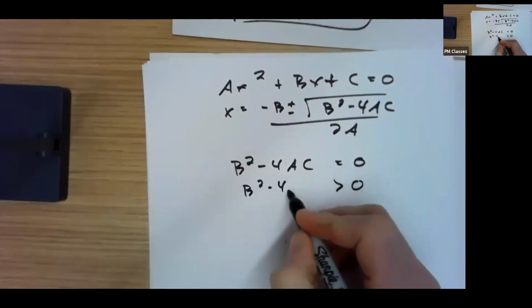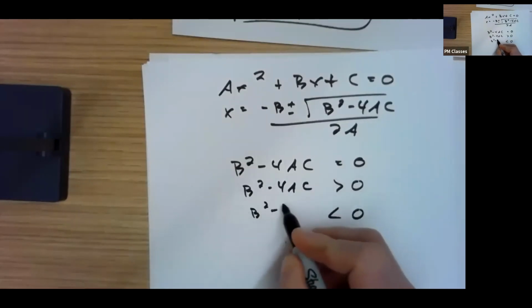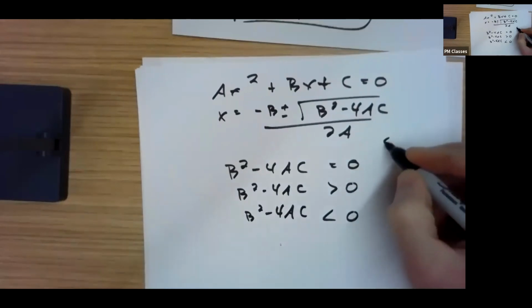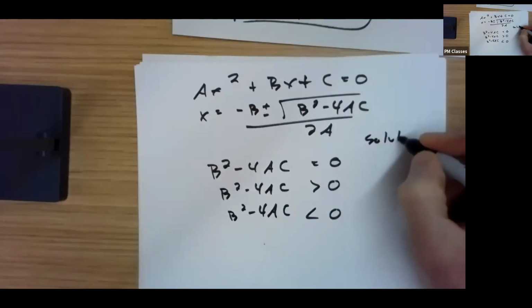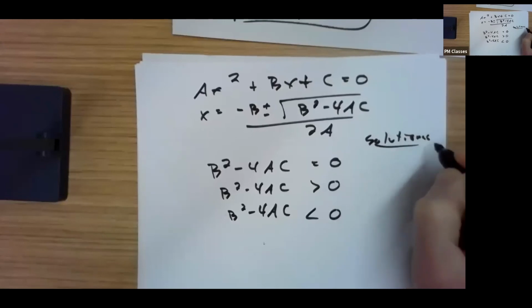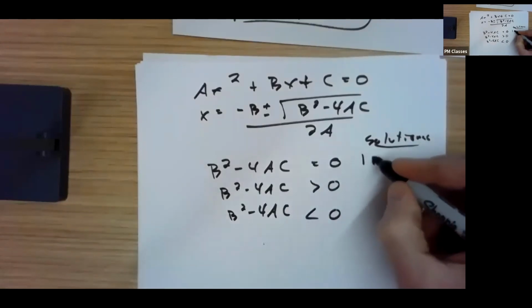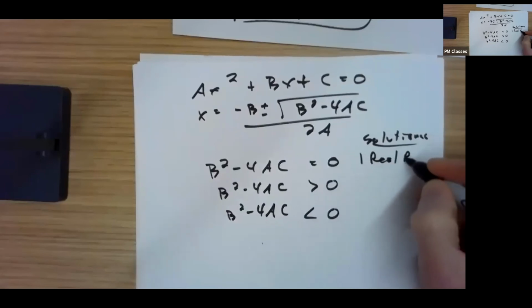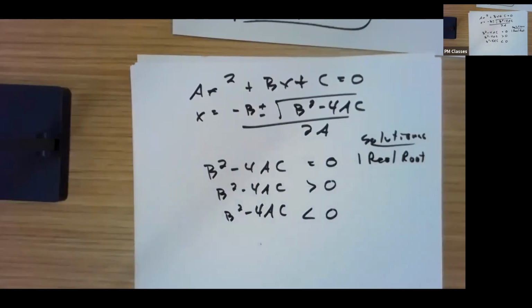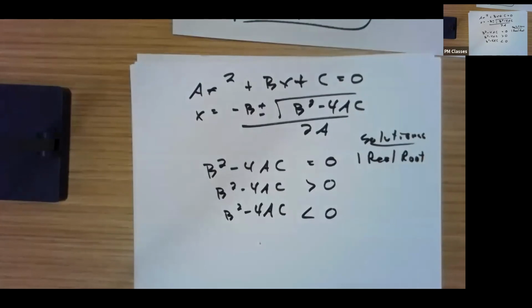Okay? And you may have done this, but again, if we talk about the roots, or the zeros, or the solutions to this, if b squared minus 4ac equals 0, we would end up with one real root, meaning real, meaning non-imaginary, not the square root of a negative number. Why is that?